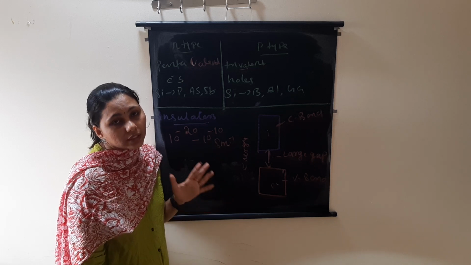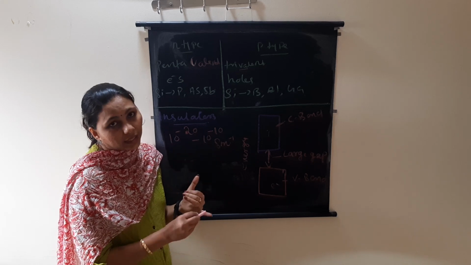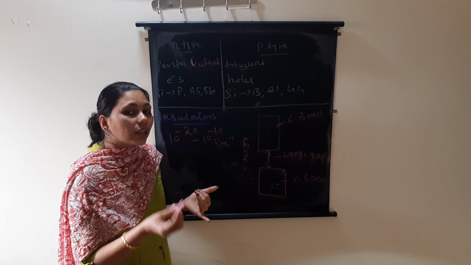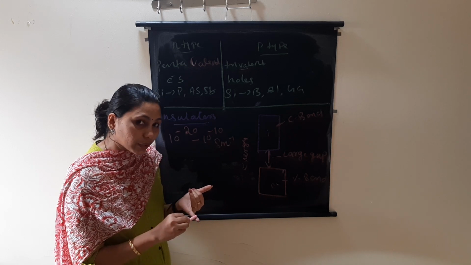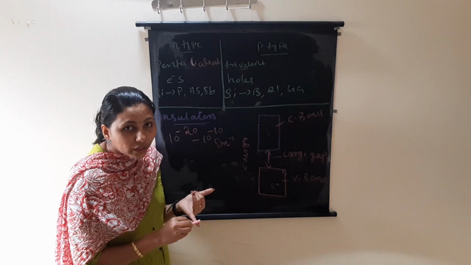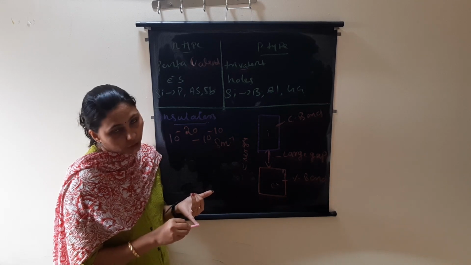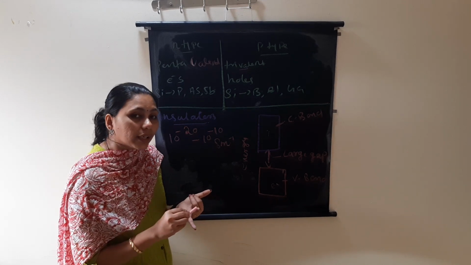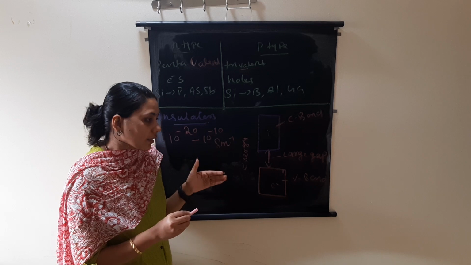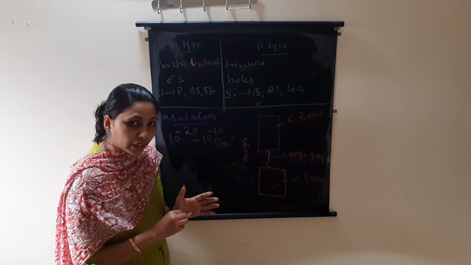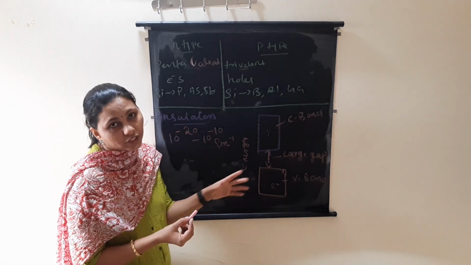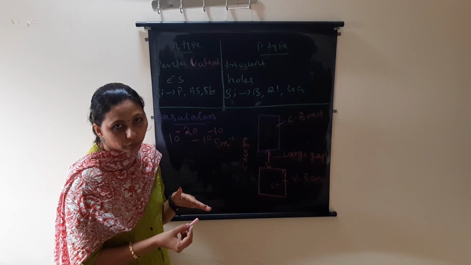We classified the substances based on band theory. In conductors, there is a partially filled valence band, or overlapping valence band and conduction band. But in semiconductors, the energy gap between the valence band and the conduction band is very narrow, very small.